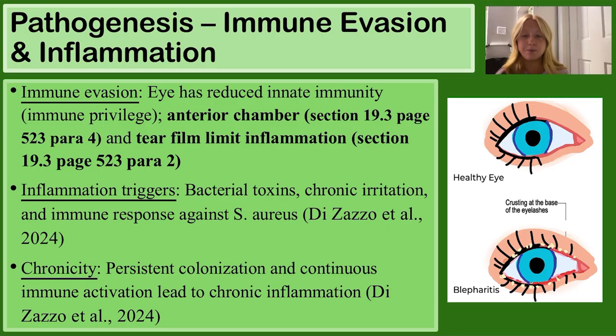Over time, this repeated immune activation causes symptoms of blepharitis, such as redness, burning, and irritation. And the immune evasion by bacteria combined with limited ocular immunity explains why blepharitis tends to be long-lasting and sometimes recurrent.